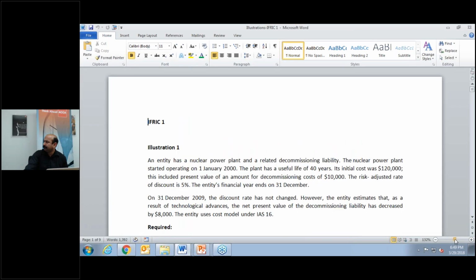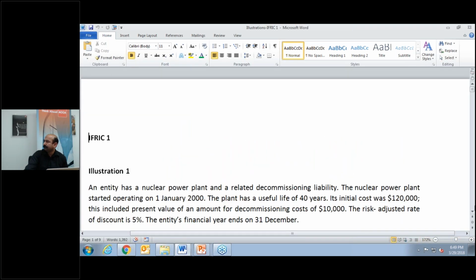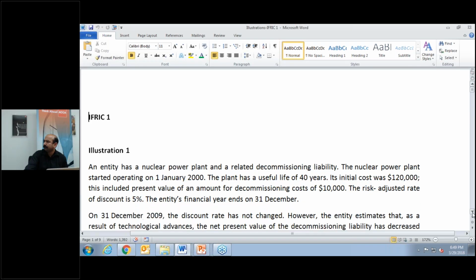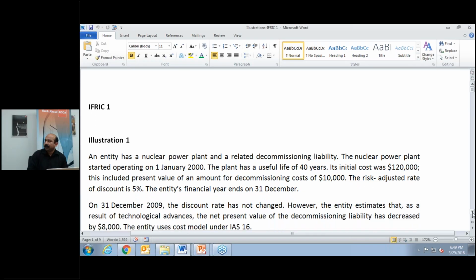It says an entity has a nuclear power plant and a related decommissioning liability. The nuclear power plant started operating on 1st January 2000. The plant has a useful life of 40 years. Its initial cost was 120,000. This included present value of an amount for decommissioning of 10,000.